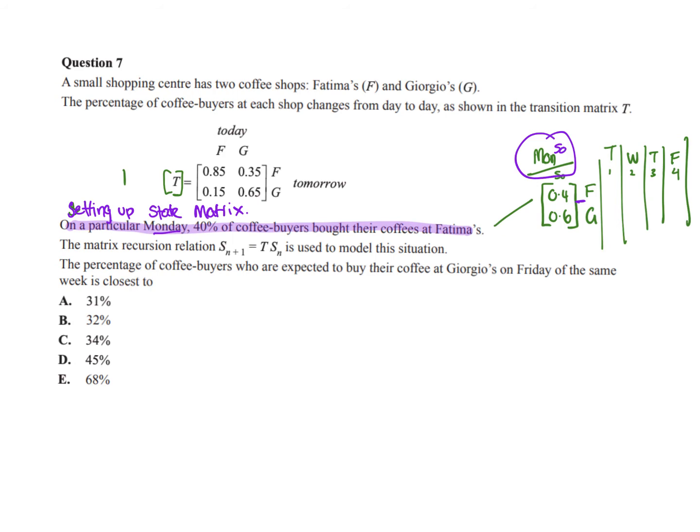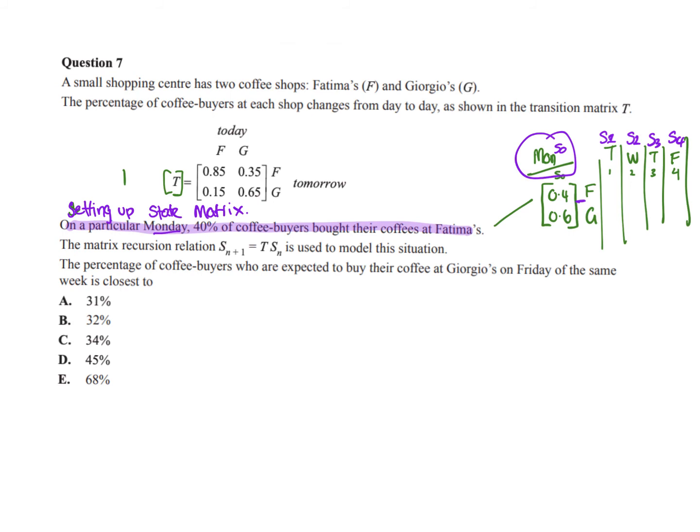All right. And then it said the percentage of coffee buyers who are expected to buy their coffee at Giorgio's on a Friday of the same week is closest to. So I can see that if Monday's S0, Tuesday'd be state 1, Wednesday state 2, Thursday state 3, and Friday would be state 4.